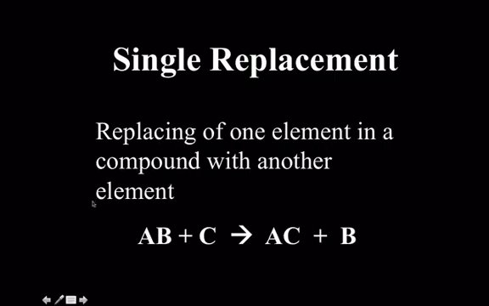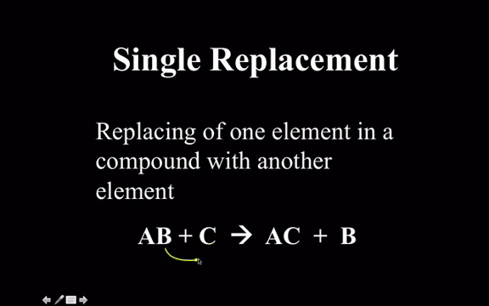The next type of reaction is a single replacement reaction. And single replacement reactions are where you have a compound and an element, and you're producing another compound and an element. What you're going to see is that these things are going to switch places. So I have my compound AB, and then my element C here.